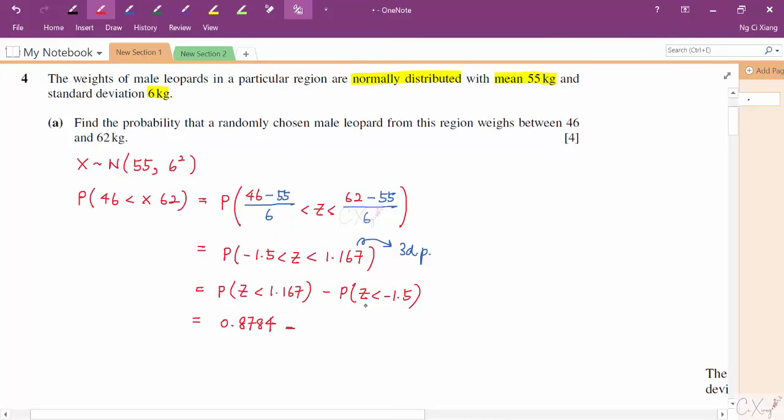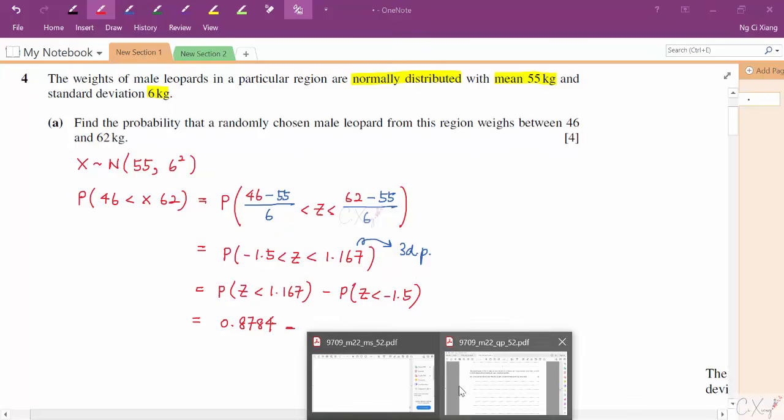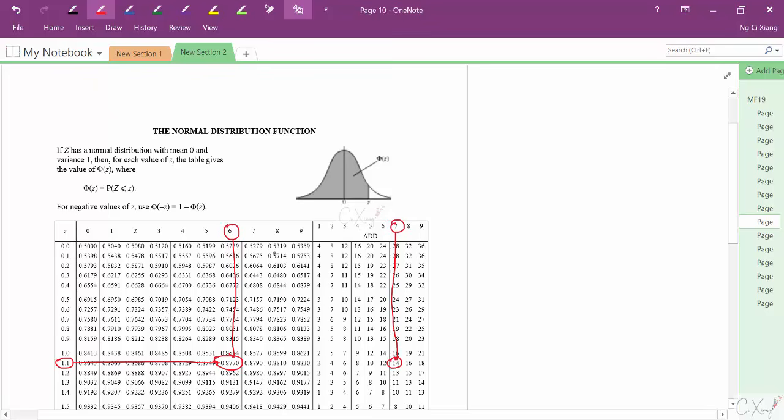I want to get a value for z smaller than negative 1.5. There is no negative 1.5 in our table, so we will just look at the value for 1.5.